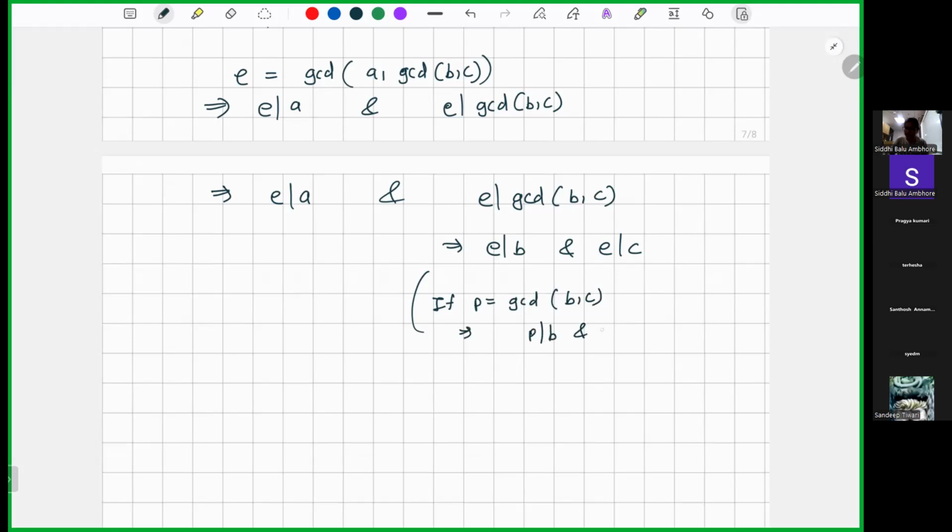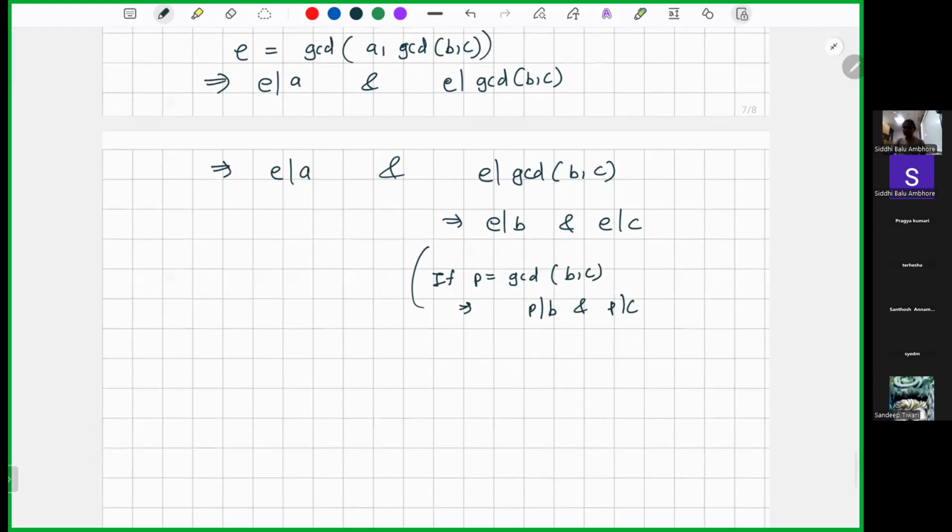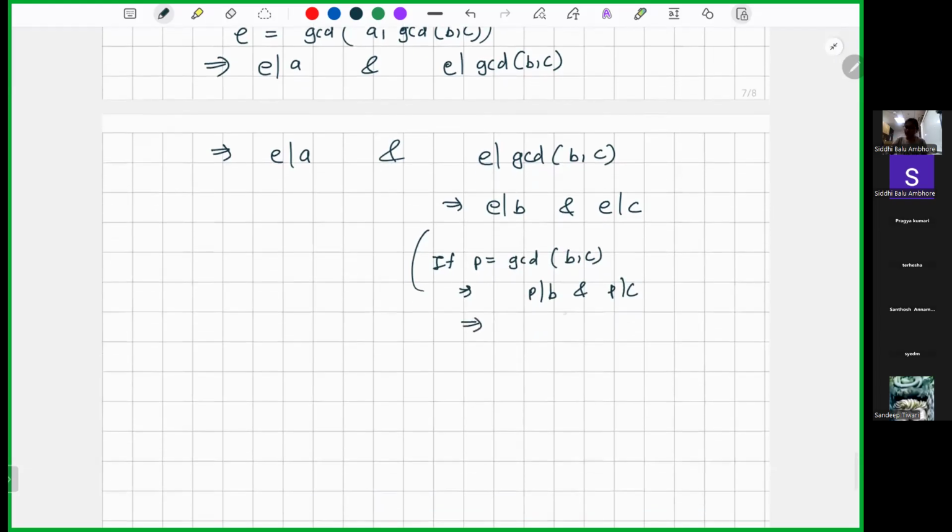P divides B and P divides C, right? That's how we start for the divisors. And since E is dividing this P and P divides B, this will imply that E divides B and E divides C.